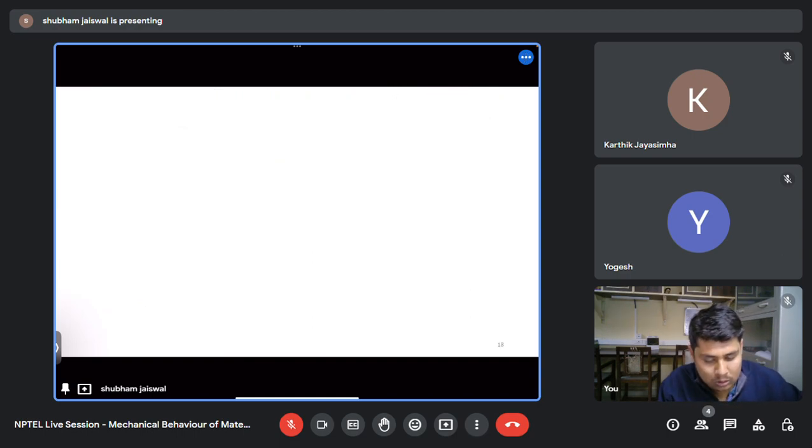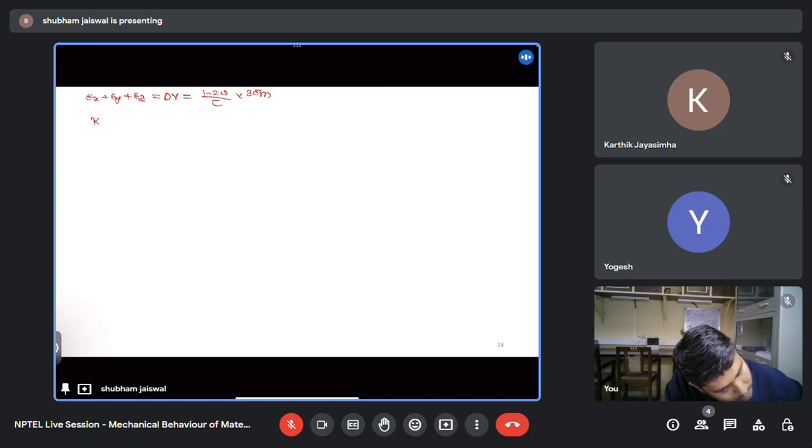So what we have: epsilon x plus epsilon y plus epsilon z is equal to delta v is equal to 1 minus 2 mu by E into 3 sigma m.